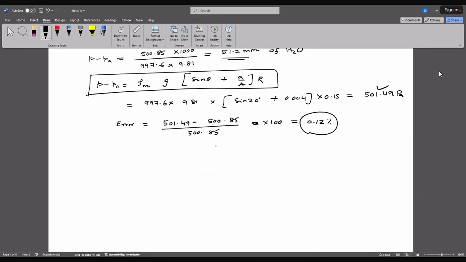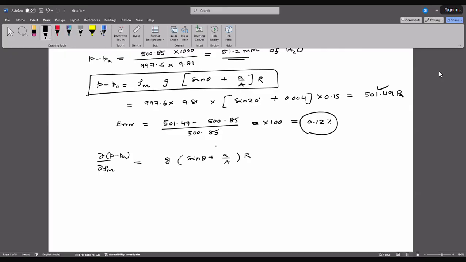We need to know how the pressure differential changes with respect to density. Dou P minus PA, this is the output, over dou rho, the density of the manometric liquid, will be simply g into (sine theta plus A by A into R).